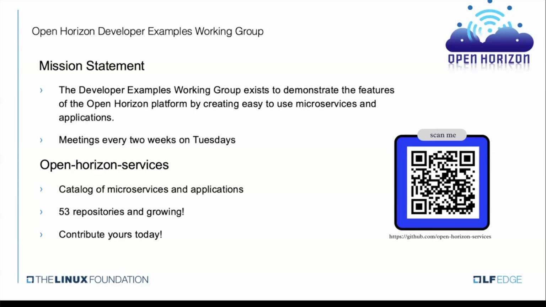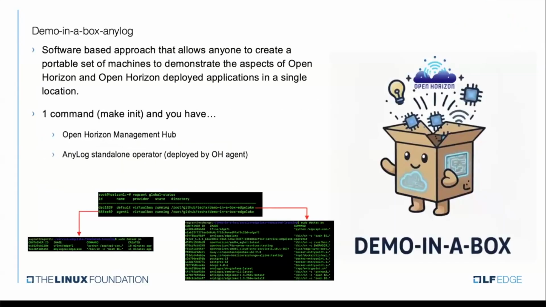I think you can go to the next slide, Eric. So like I'm saying, we have all these services, but the problem then became how do we deploy and demo them in an easy fashion? So our community, shout out to Joe, has created this demo in a box framework.